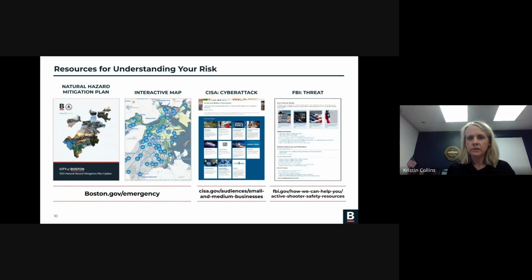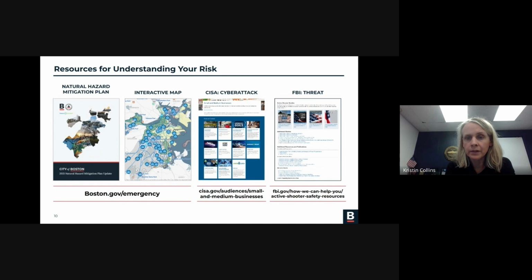So we're looking at ways these hazards could impact your business, and then how to keep operating if you are impacted. So there are several resources that are available to help you understand what your business's risks are. On our website at boston.gov/emergency, you'll find the Natural Hazard Mitigation Plan. This is a plan that our office produces that outlines the natural hazards that could impact the city that we discussed on the previous slide, and what the city is doing to mitigate or lessen the impacts of those hazards.